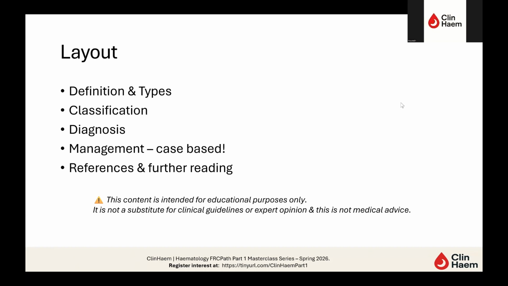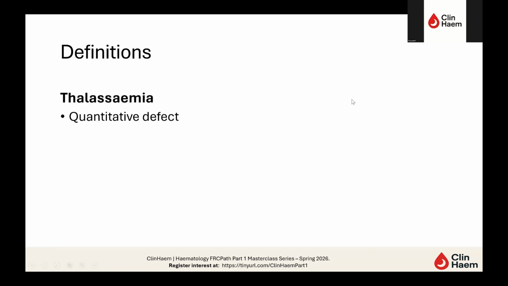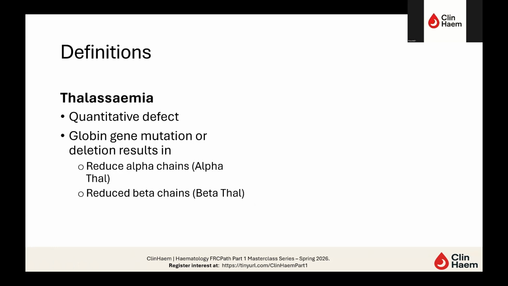Okay, so finally, going to start with definitions. When we think of hemoglobinopathies, there are actually two types of them. So thalassemia is a quantitative defect. So a person would make low amounts of hemoglobin and low amounts of normal hemoglobin. And this is because of a globin gene mutation or deletion, which results in either reduced alpha chains or reduced beta chains.